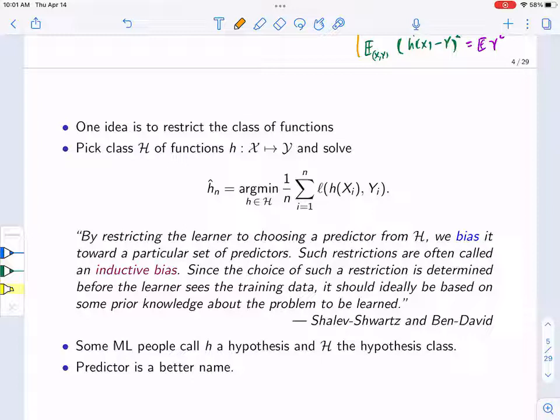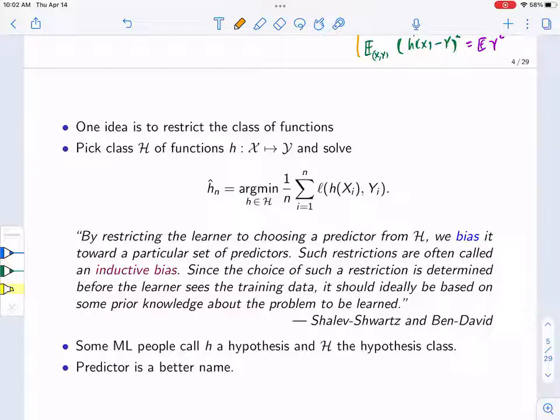It's not the usual statistics bias, but has the meaning of forcing something to lie somewhere. The reason why it's called inductive, I believe, is because it's determined before you see any data. It's not imposed by the data, it's coming from your prior knowledge. So it should ideally be based on some prior knowledge about the problem to be learned.